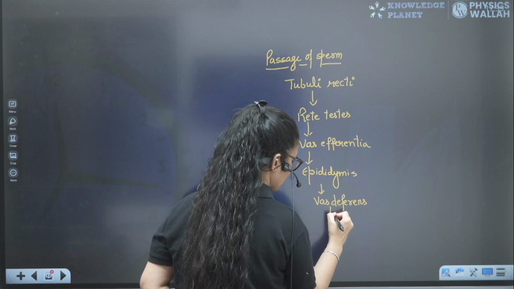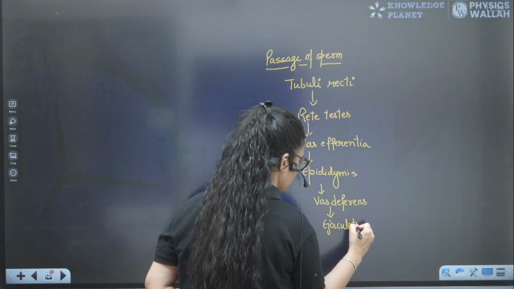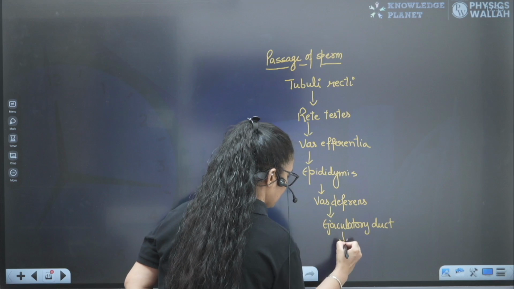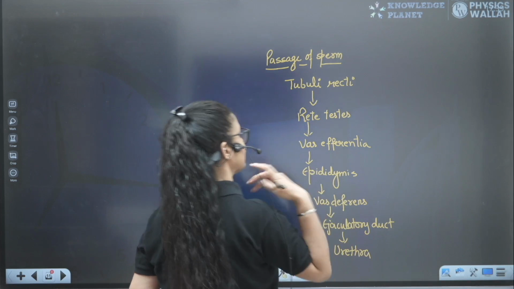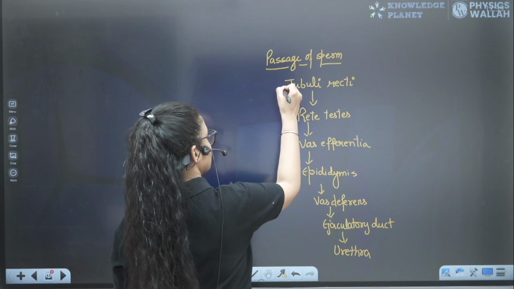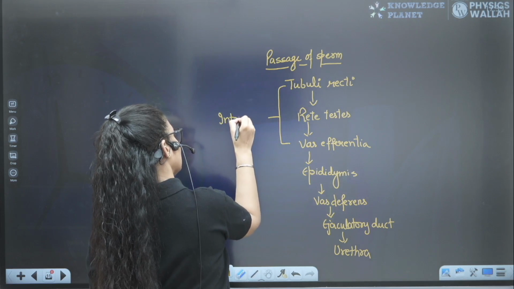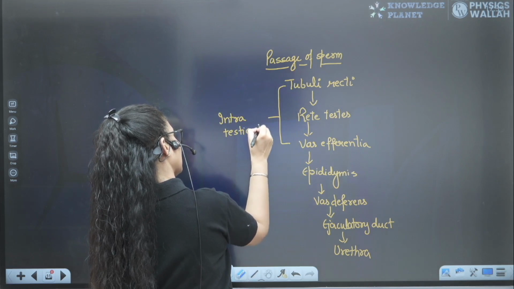The vas deferens finally opens into the ejaculatory duct, which is the common passage for the seminal vesicle and the vas deferens. Finally it opens into the urethra, and the urethra takes the sperm out through the urethral meatus. The ducts present inside the testes are called intratesticular ducts.